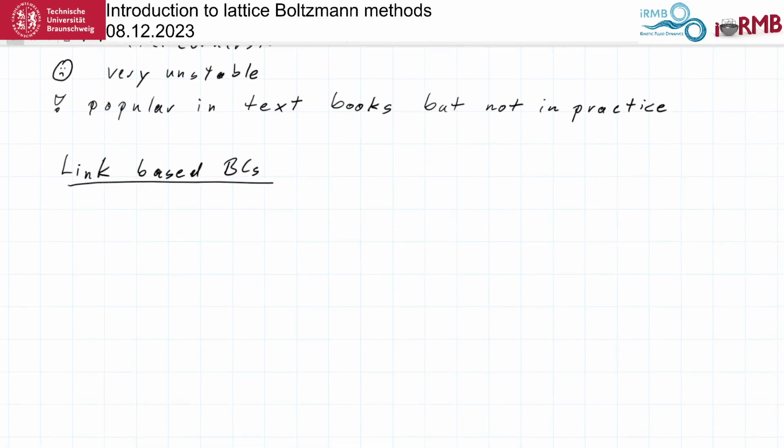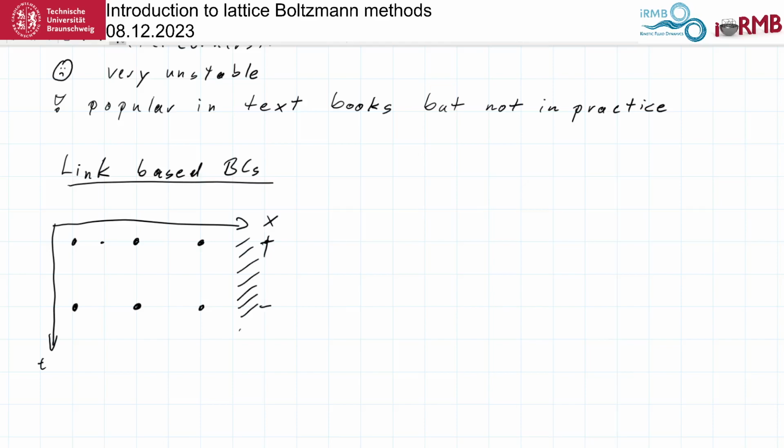Okay, let's look again at our characteristic diagram. So again, here is x and here is t. So here are the nodes where we have the collisions, and now suppose here's the end of our domain, and we have a wall directly in between.